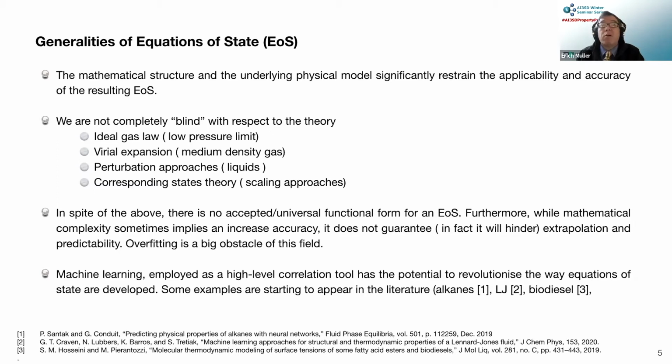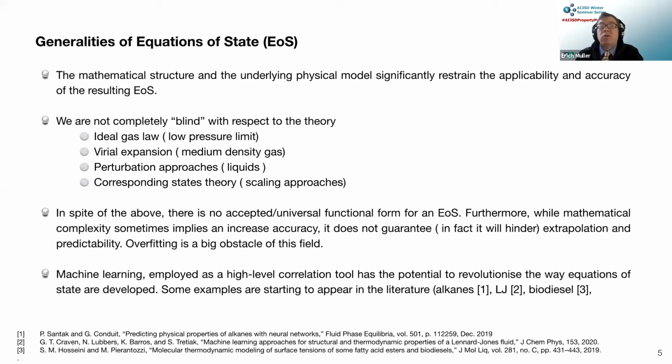But in spite of all this enormous volume of work, there is no accepted or universal functional form for an equation of state. As you saw at the introduction, using a sum of polynomials of different degrees and different degrees of nonlinearity, of course, somehow fits the data.